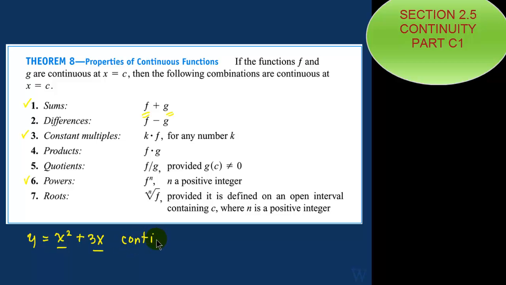Y is continuous everywhere. How about this one? Y is equal to sine x plus cosine x. Is that continuous everywhere? Yes indeed, because sine x is continuous, cosine x is continuous, so their sum has to be continuous.